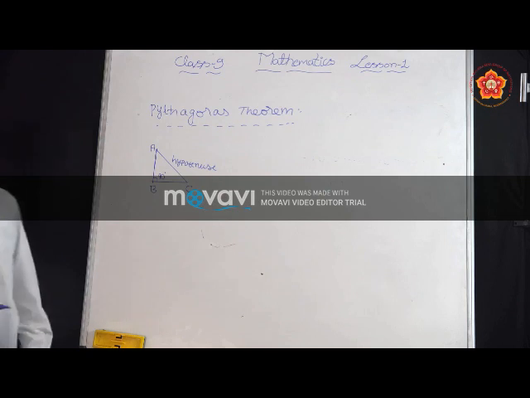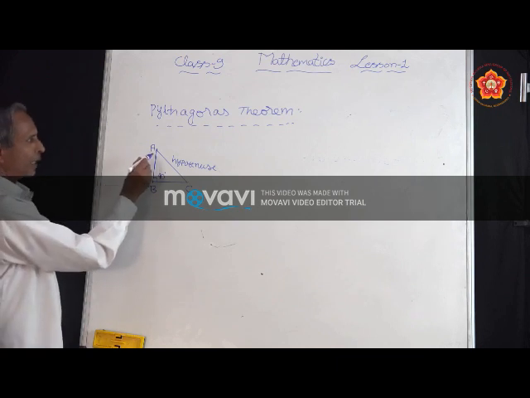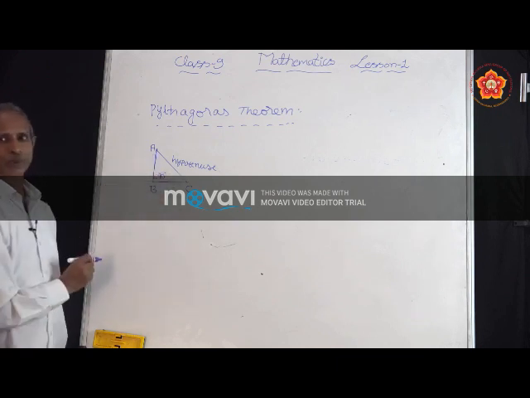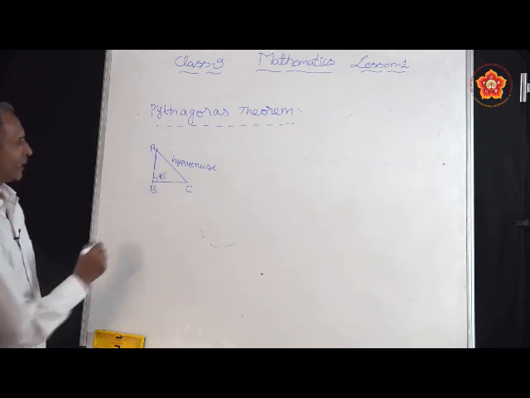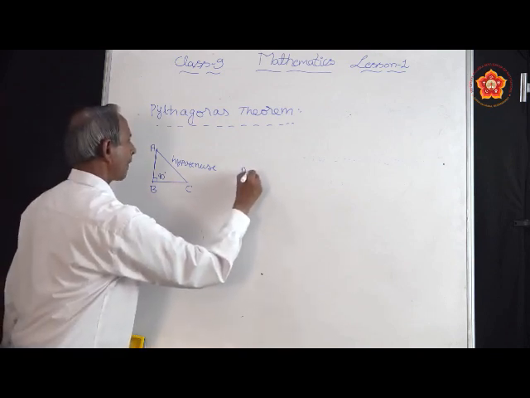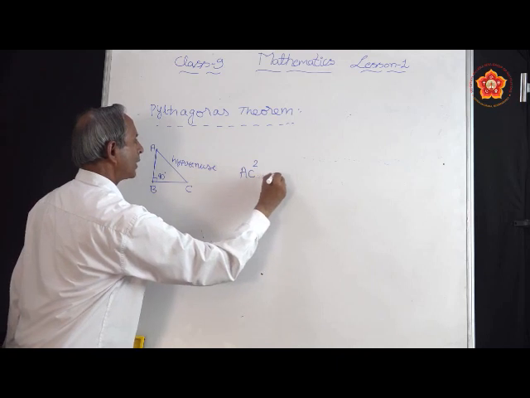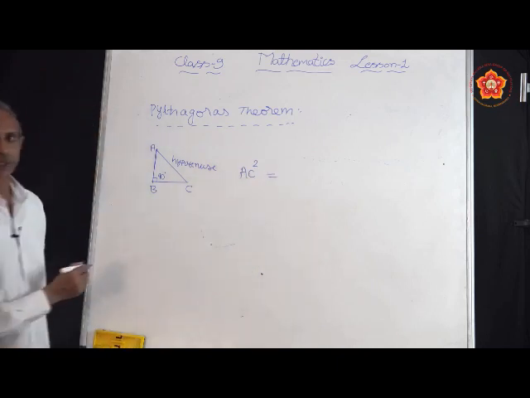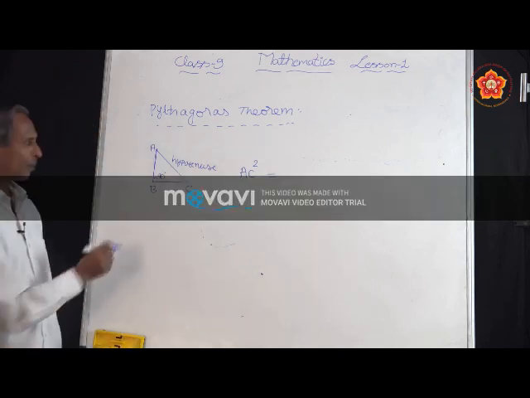Now let us apply the Pythagoras theorem for this triangle. According to the theorem, the square on the hypotenuse, here the hypotenuse is AC, therefore the square on the hypotenuse becomes AC square, that is equal to the sum of the squares on the remaining two sides.